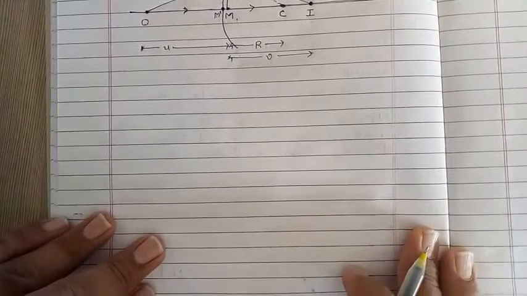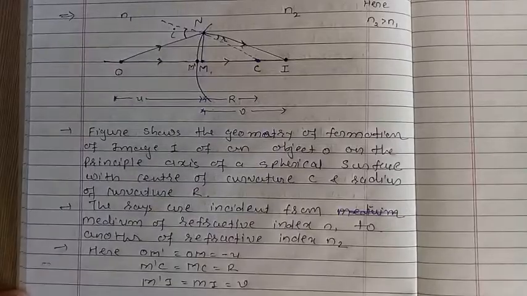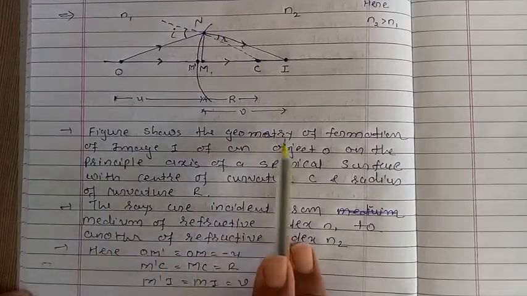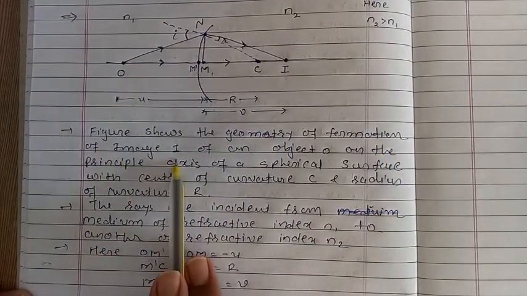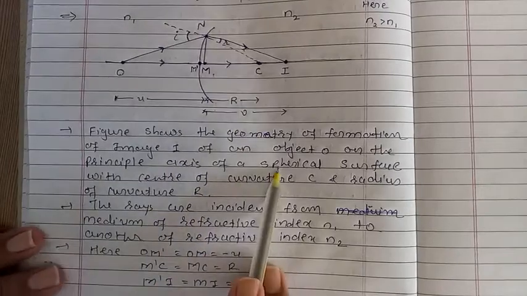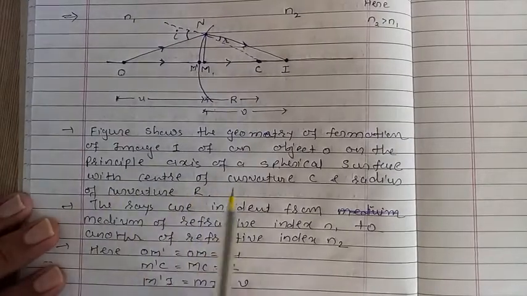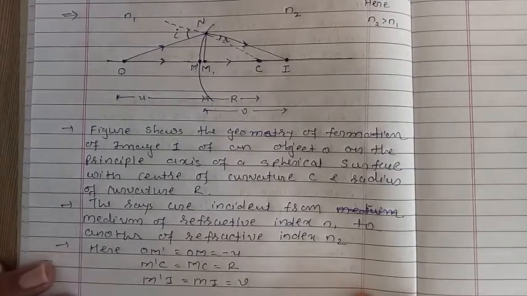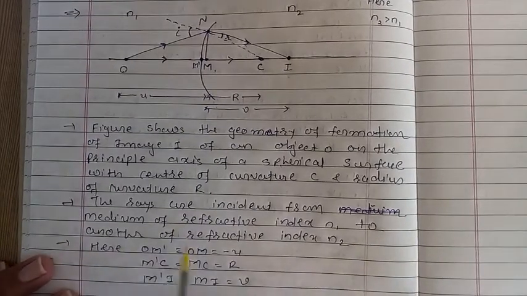So friends, we can write this thing. Here we can write like this: the figure shows the geometry of formation of image I of an object O on the principal axis of a spherical surface with center of curvature C and radius of curvature R.